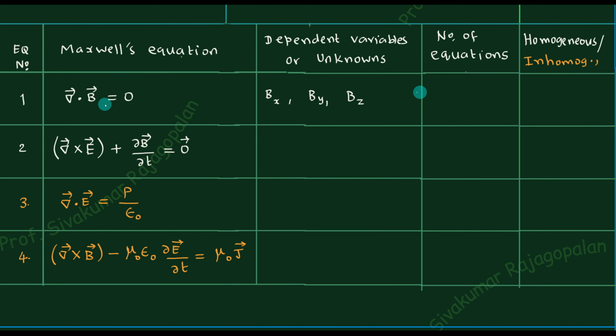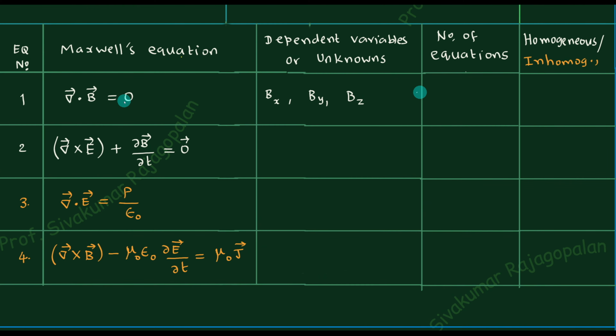That is the first point. Then we ask the next question: how many equations are there corresponding to this? So you count how many equations are there. Divergence of B equal to 0. How many equations? In order to count, you should know whether it is a scalar equation or a vector equation. When you take the divergence, it is automatically scalar. Therefore, scalar means only one.